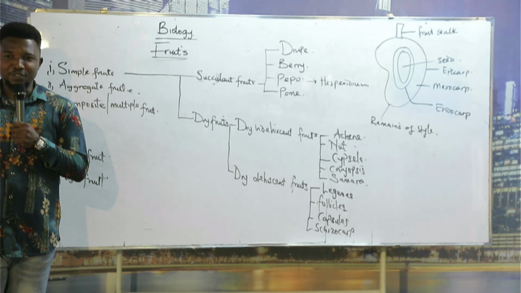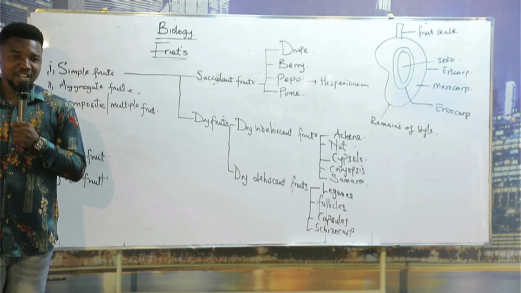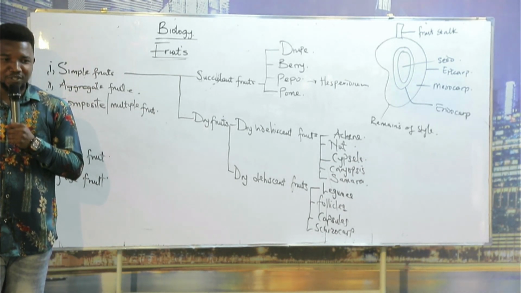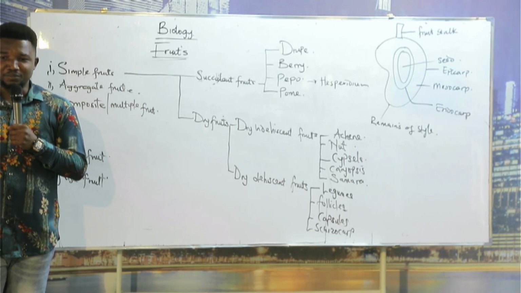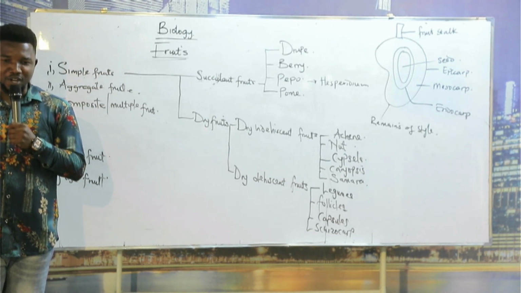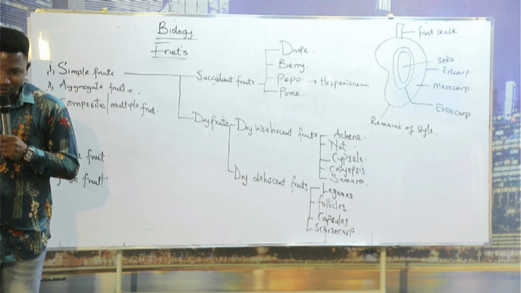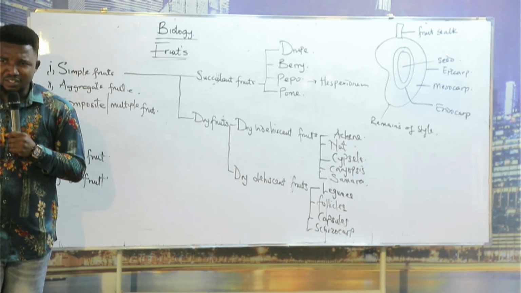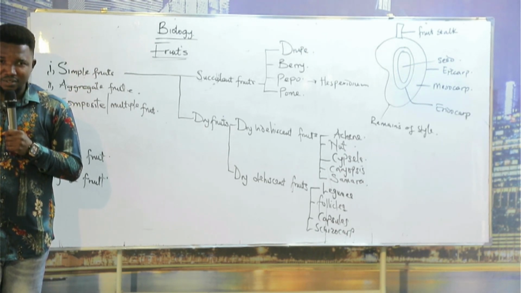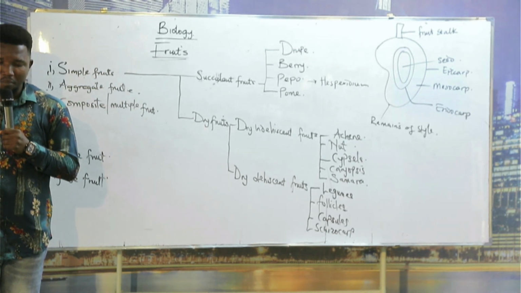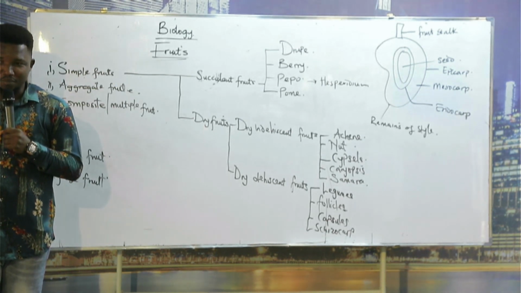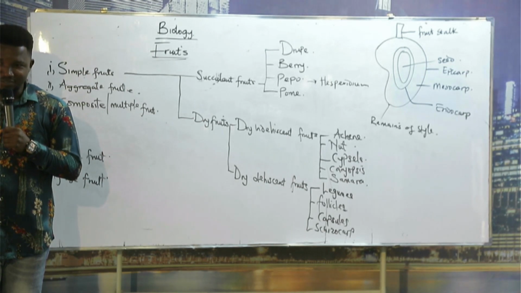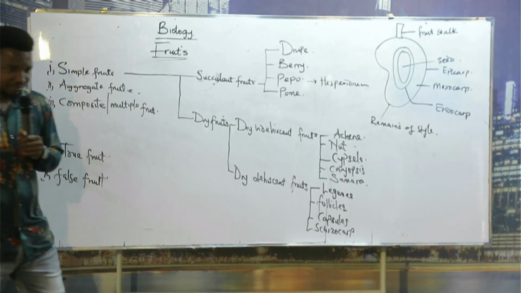I've seen questions where they ask: a succulent fruit with a fused epicarp and mesocarp is called what? Berry.